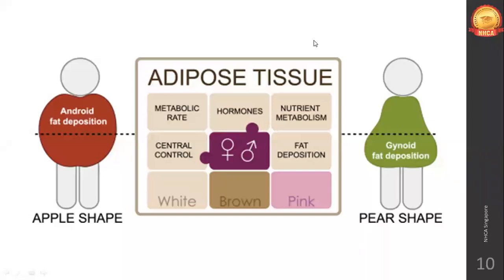So the fat distribution in men and women is different because the reproductive, biological purpose of both bodies is different. In women, from the time she hits menarche, the first menstrual cycle, the body has started preparing for childbearing activities.